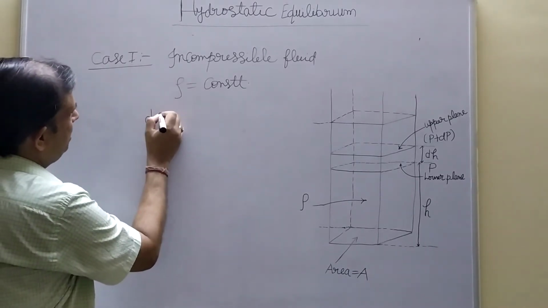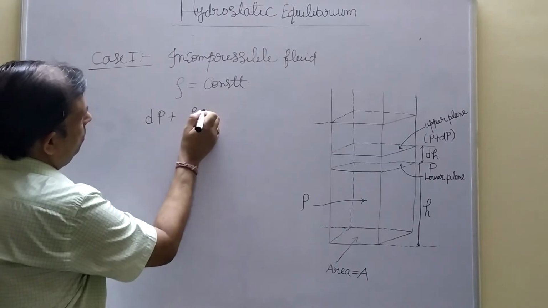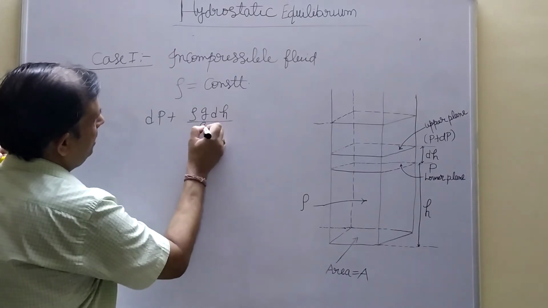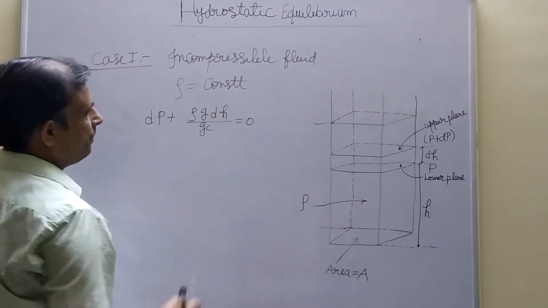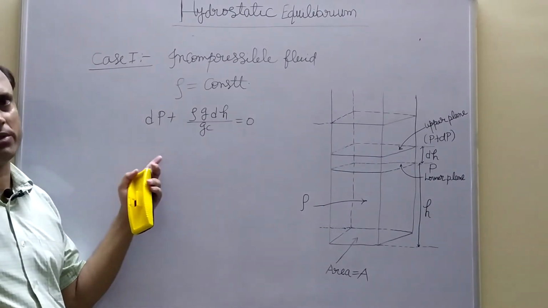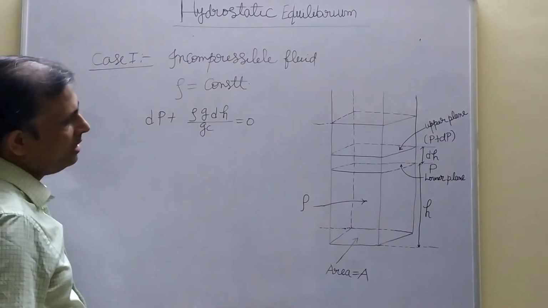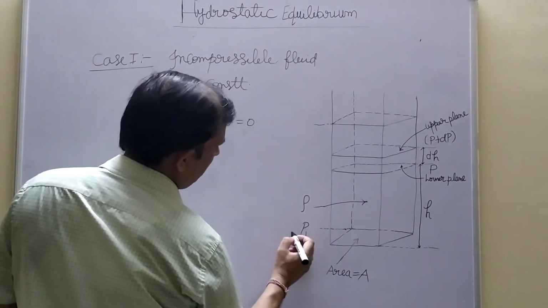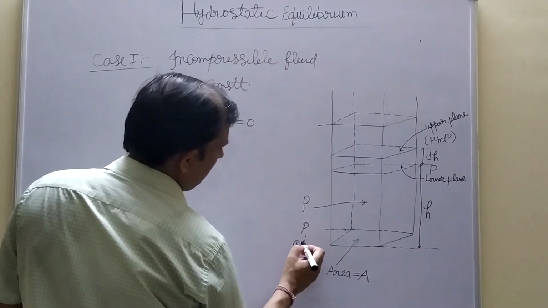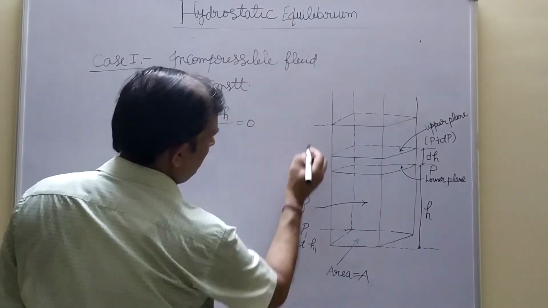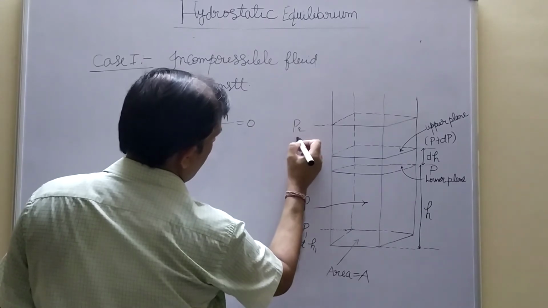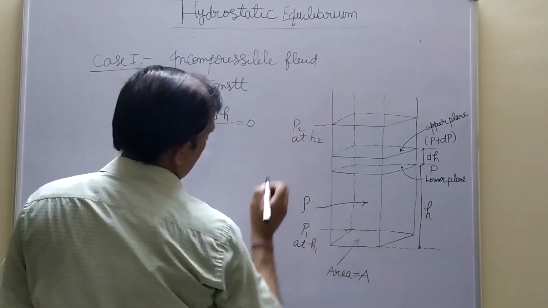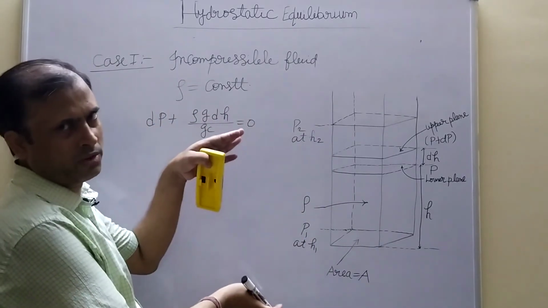Equation first is dP plus rho g dh by gc equals 0. Now we can integrate this equation for an incompressible fluid. Suppose here pressure P1 at height h1, and here pressure P2 at height h2, or we can consider it in reverse order as well.